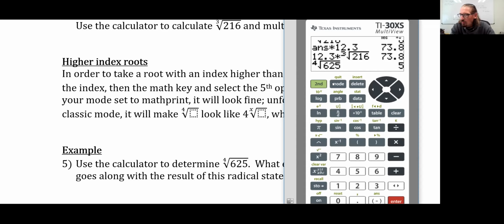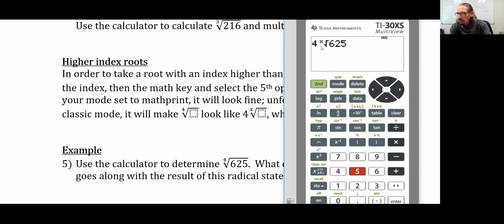If I switch the mode to the classic mode, fourth root of 625, it doesn't look as nice. It is telling us it's going to put 4 in for x up here as the index and give us that answer of 5. Now, how did I know it would be 5?